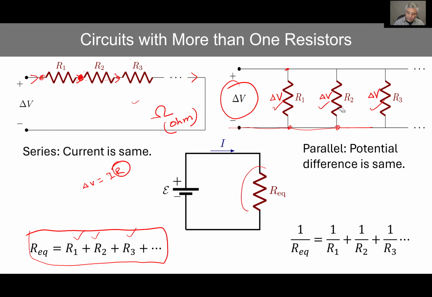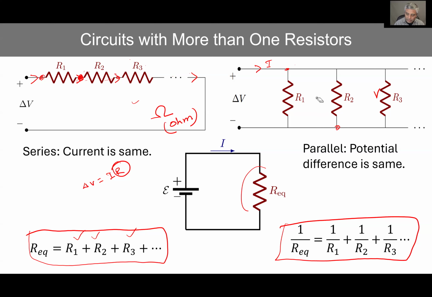If we want to use Ohm's law to find the total current in the circuit, we again want to find the equivalent resistance, reducing these 3, 4, whatever we have, to just one resistance. How do we do that? It turns out we need to do this, and it can be derived by writing that delta V is the same everywhere.